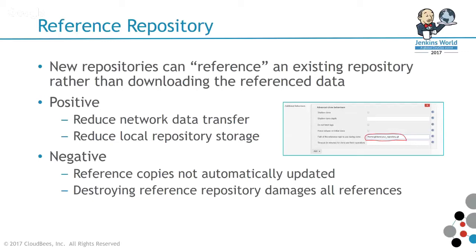Another benefit, it can reduce how much local storage you need on that machine that's using it. Be warned that reference copies are not automatically updated. So as your history grows, that reference copy, unless you're doing something special with it, doesn't keep up. The other is that because everyone creates pointers to it, if you destroy a reference repository, you have damaged all the references. So don't destroy reference repositories.